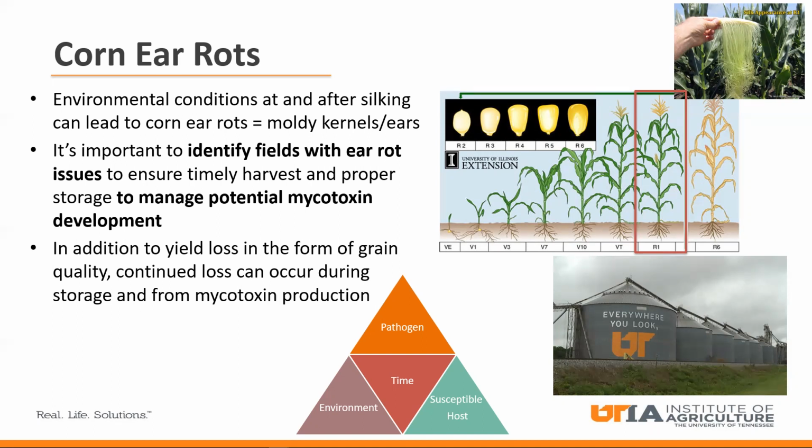So timing for these ear rots is around this time. But whatever ear rot you're going to get really depends on your environment. This must be the environment around this timing in order to cause these different kinds of ear rot disease.